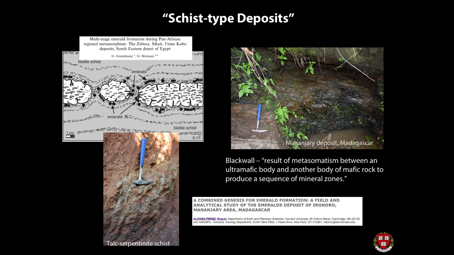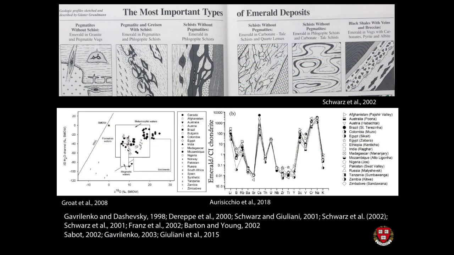Now, if we look more into detail at all these classification systems that have been studied by many authors, as Lee Groat pointed out this morning, they are basically two types again. So we have the Colombian black shale deposit, which was originally described by Terry Ottaway here in the audience in 1994, and that one is very clear and evident.